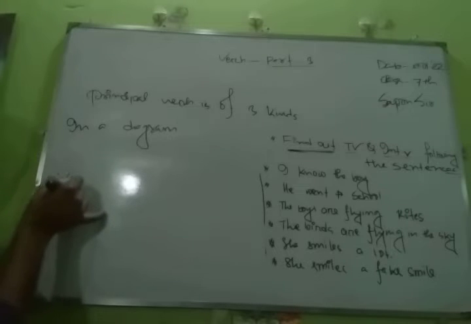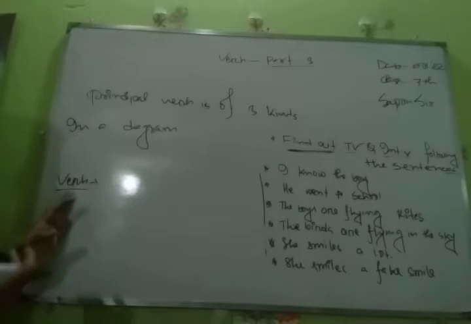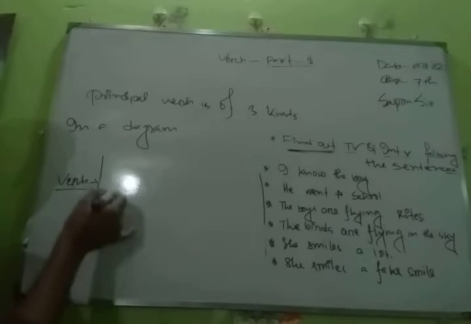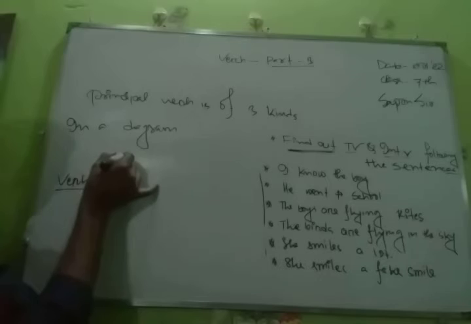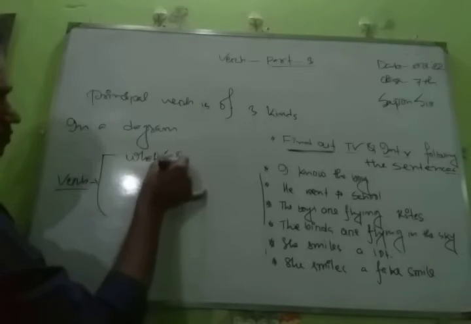Verb. That verb will be finite. That verb will be transitive or intransitive. But we have to find out whether that verb is transitive or intransitive. At first, you ask the verb: what or whom.